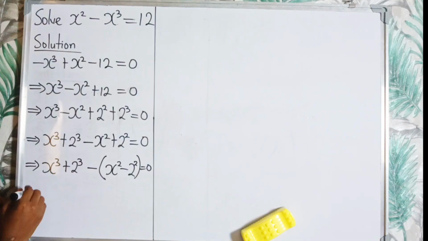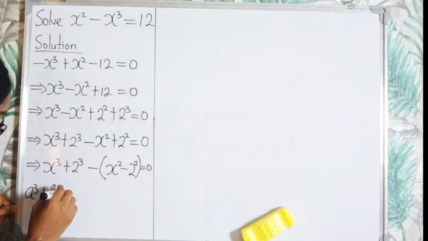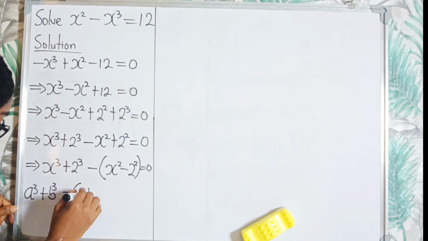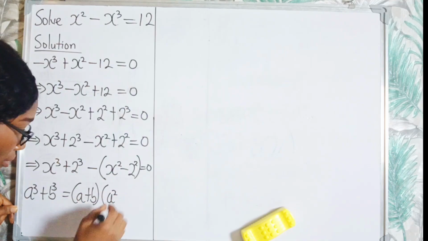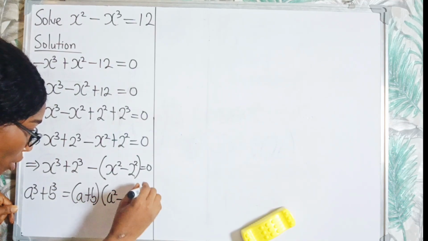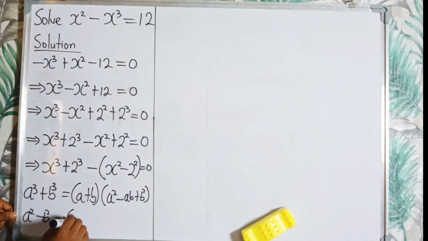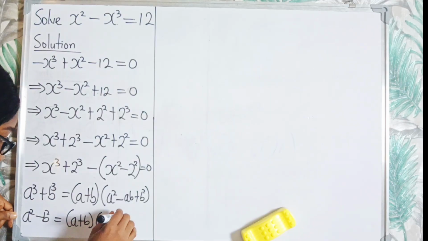So if we have a cubed plus b cubed, this is equal to a plus b into a squared minus ab plus b squared. And if we have a squared minus b squared, this is equal to a plus b into a minus b.